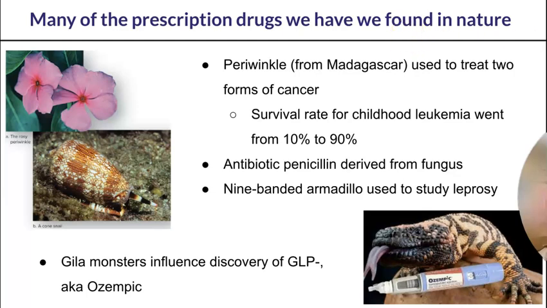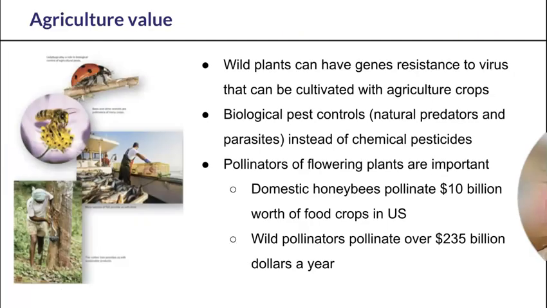Okay. Another contribution of the biodiversity that we have is how it contributes to our agriculture. An example of this would be agricultural crops. A lot of the crops that we cultivate will often be susceptible to different viruses.